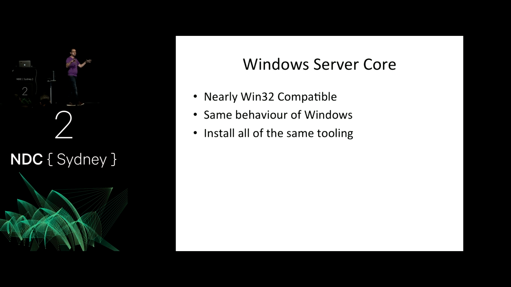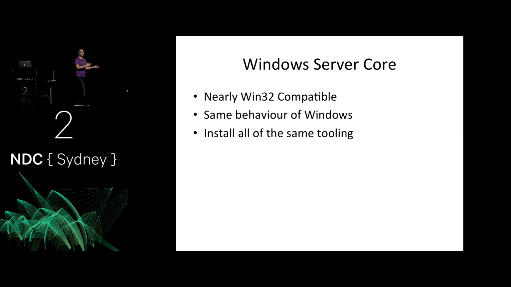The two new operating systems enable the processes running inside the containers themselves. So Windows Server Core is like Windows Server. It's got all, or nearly all, of the same APIs. It works and feels and looks like Windows. It's got all the things which you'd expect from Windows. So you can remote desktop into it.